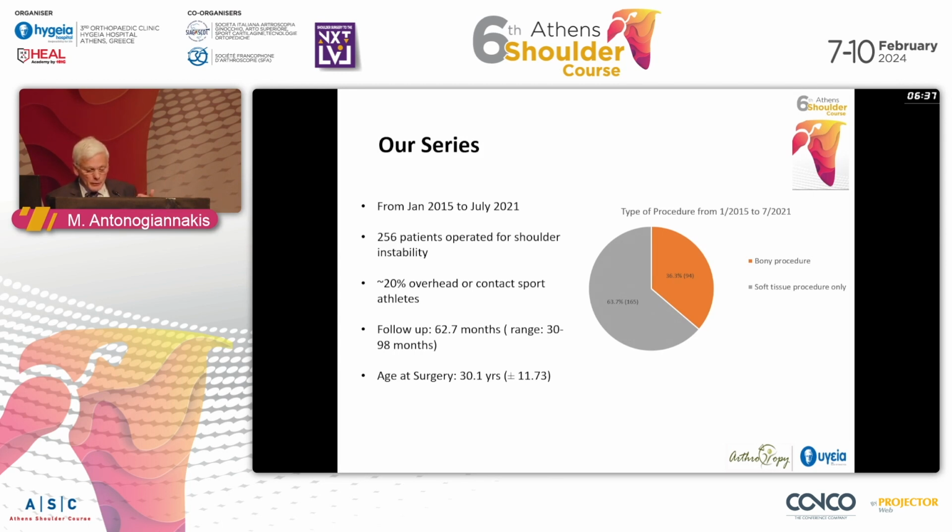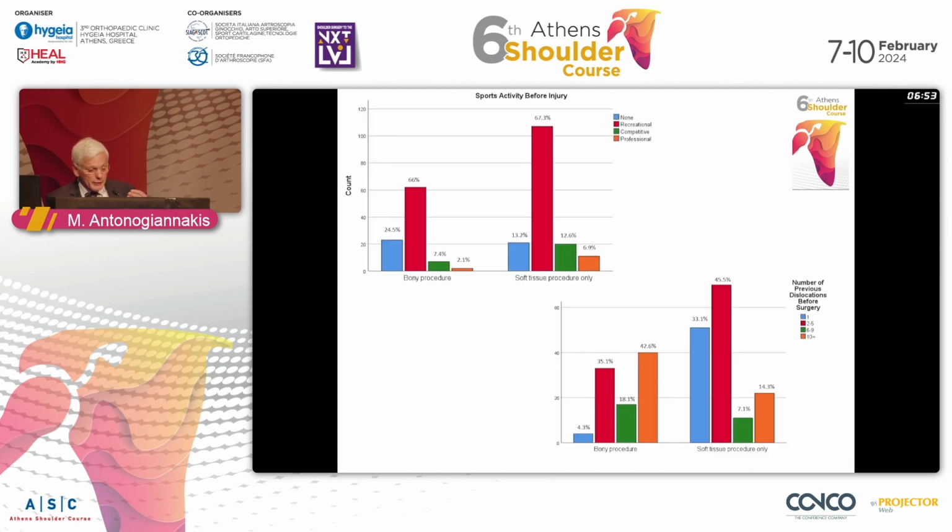And what we did, we saw that in 60% of them we performed a soft tissue procedure, and in 40% of them we performed a bony procedure. What was interesting was that the bony procedure group had less sport activity than the soft tissue procedures.